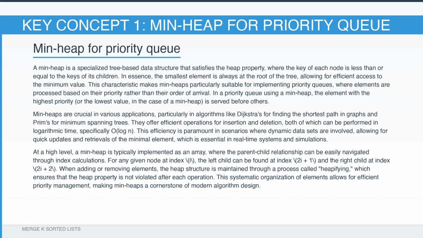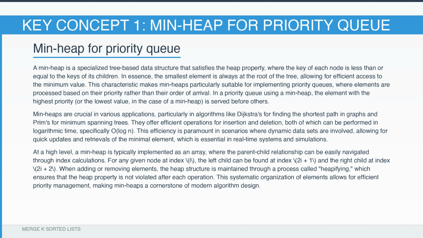Min heaps allow for efficient operations, with both insertion and deletion happening in logarithmic time, or O(log n). This efficiency is vital when dealing with dynamic data sets, ensuring quick updates and retrieval of the smallest element. Typically, a min heap is implemented as an array where navigating through the parent-child relationships is straightforward with simple index calculations.